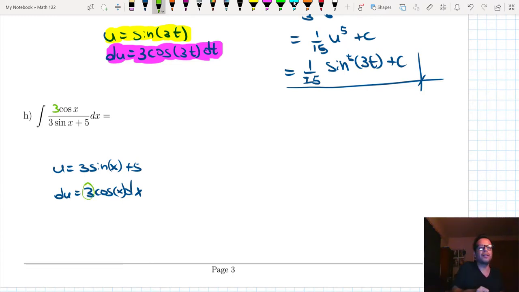Which is right here. We can put that 3 provided we divide by 3 outside of the integral, right? So u will take the place of the denominator, 3 sine of x plus 5. Okay, let me highlight. And du will take the place of 3 cosine of x dx.